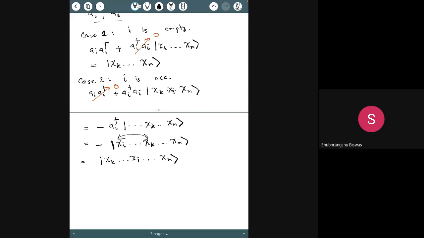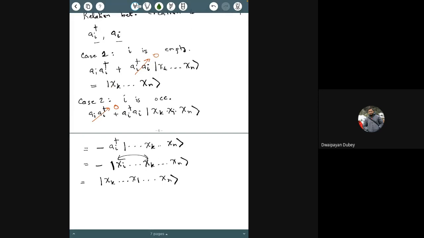So from this, the thing is that when I is empty and when I is occupied, the action of A_I dagger plus A_I dagger A_I gives you back the same determinant.